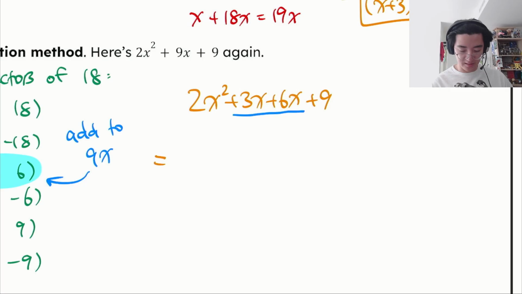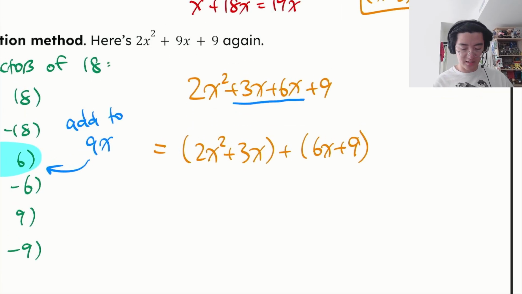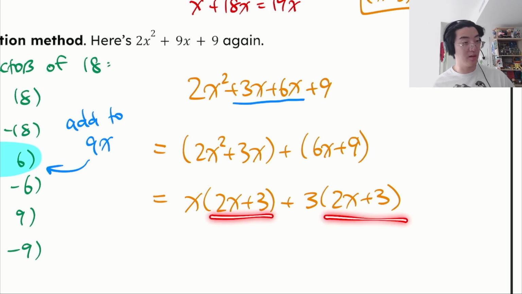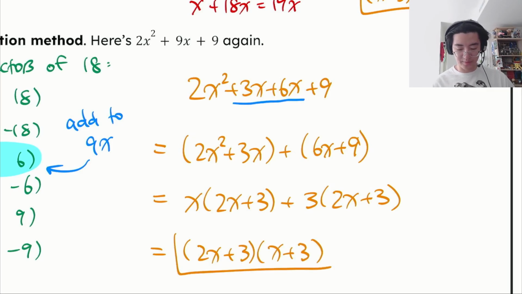So we learned that 2 lessons ago, where we grouped them into 2 groups. Okay, remember to watch out for negative signs if this happens. We can factor out an x, and then factor out a 3 from the second group. Okay, and then we can further factor out the common term of 2x plus 3. Okay, and then that's our decomposition.